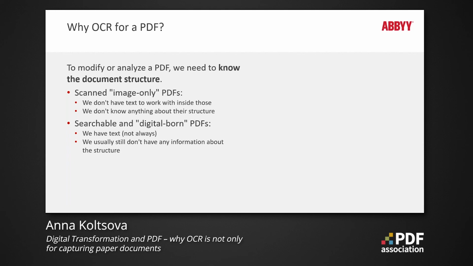In scanned or image-only PDFs, we have only a picture. There's no text inside to work with, and we don't know anything about the structure from the PDF itself. In searchable and so-called digital-born PDFs, we usually have usable text of the document inside the file, but still there's nothing in it about the document structure.